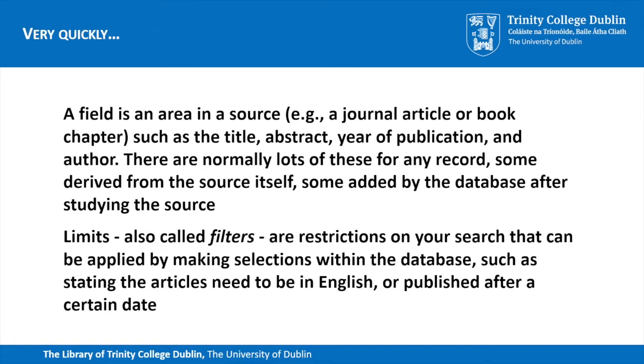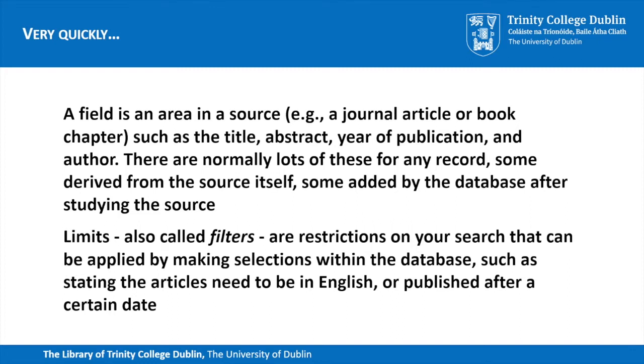A field is used to find information within what are called indexes. So the sources in the database, for example, a journal article or a book chapter or a conference proceedings, have these fields such as the title, the abstract, the year of publication, the author, the author's institution. There are normally lots of these for any type of record. Some come exactly from the source itself, such as the title, although sometimes it's the translation of that title.